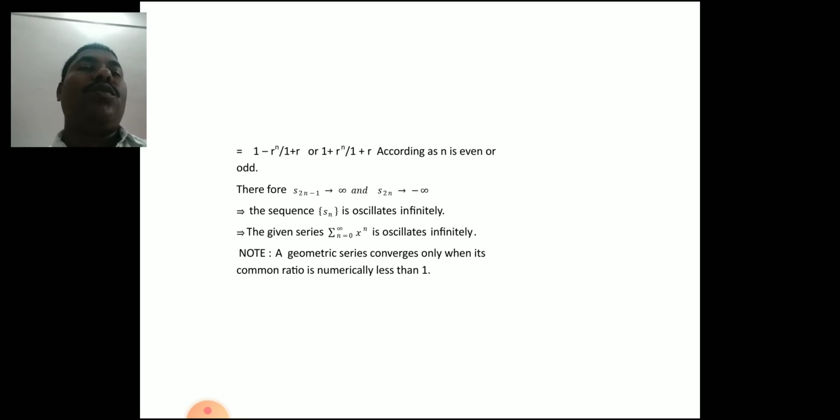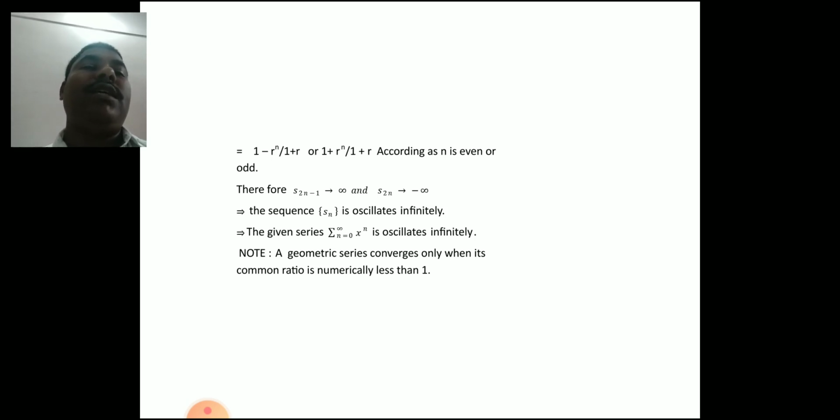So that is equal to 1 minus r raised to n divided by 1 plus r, or we have 1 plus r raised to n by 1 plus r. So this is according as n is even or n is odd. Therefore S to n minus 1 tends to infinity and S to n tends to minus infinity. S to n minus 1 is if n is odd, and S to n is if n is even.